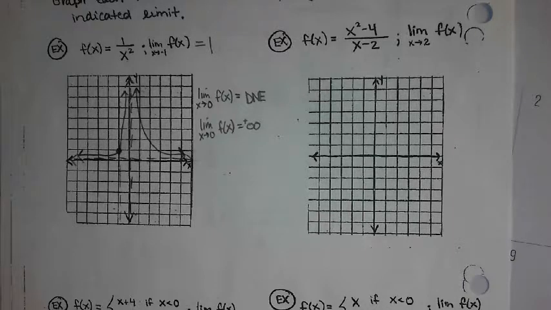Saying that a limit is positive infinity is still saying it doesn't exist. It's just a more specific way of communicating what that graph's behavior is as it's approaching 0. So it's a version of does not exist. It's just a more specified version of does not exist. Okay, so that may come up.